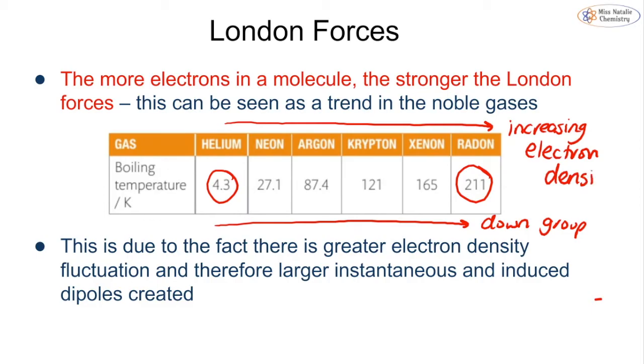The more electrons there are in a substance, the more likely they can fluctuate and they can become unsymmetrical. So therefore, the more electrons that are unsymmetrical, the larger that charge becomes, so the larger the instantaneous and the induced dipoles are.